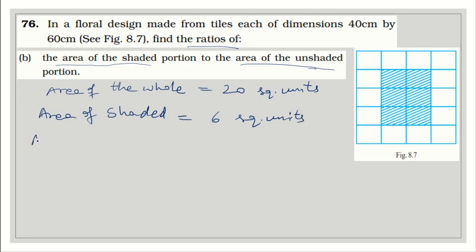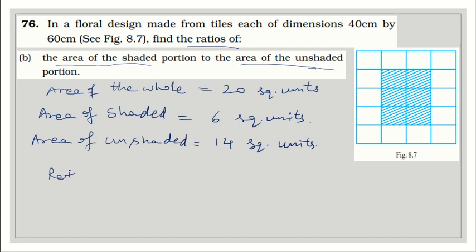That means leftover area of unshaded, that is 20 minus 6 becomes 14 square units. Now we need to find the ratio between the area of shaded to the unshaded.